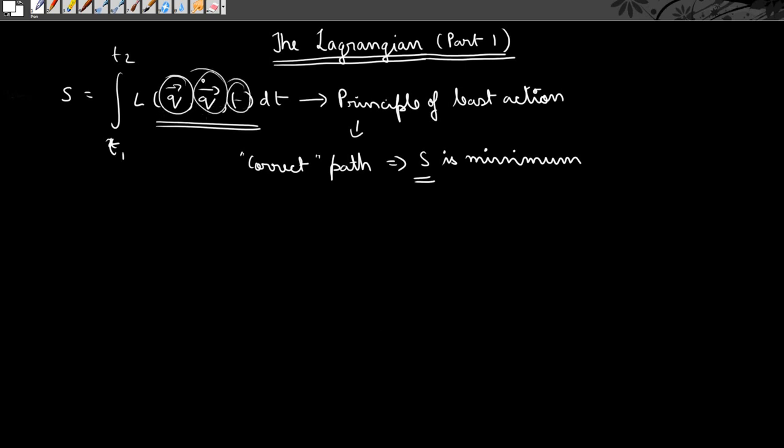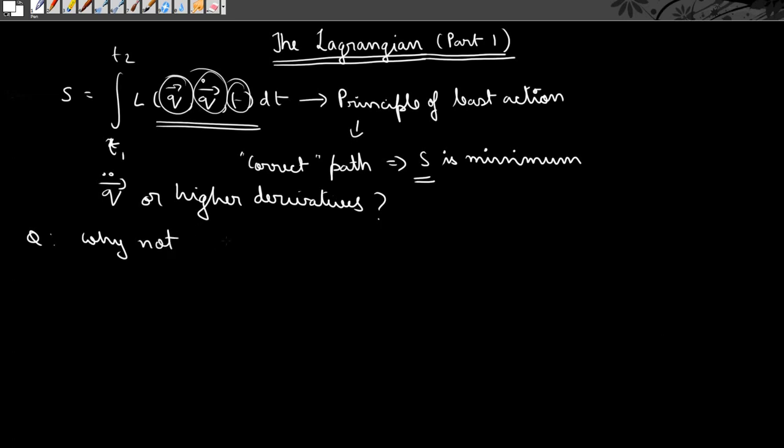Why not let L depend on q double dot, the generalized acceleration, or q triple dot, and so on, or any other variable other than the three that we have considered here?